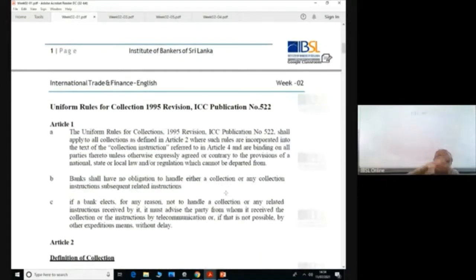We have 26 articles in URC 522, which give the entire details of collection operations.